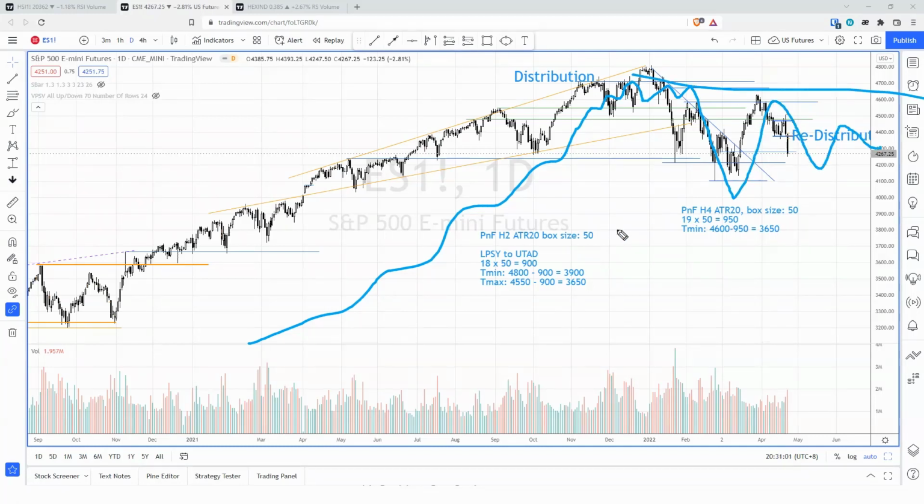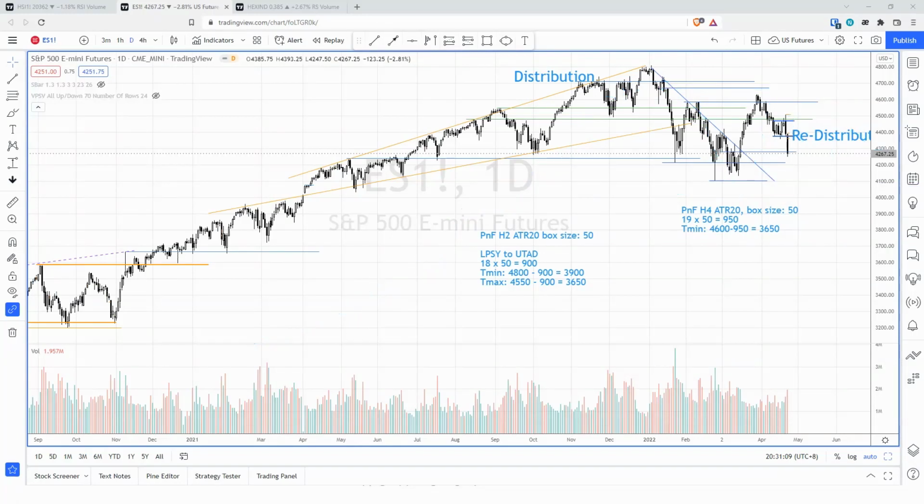In terms of structure, they might still be outperforming, but in absolute terms, they will definitely go down. So the main thing I'm concerned about is that we are losing the leadership, especially when we see energy and commodities dropping.